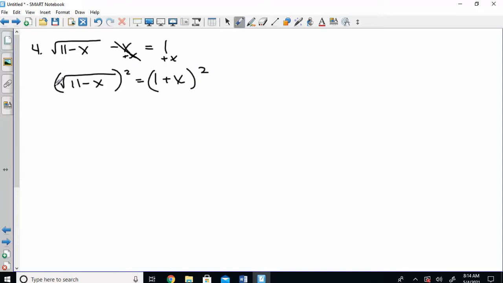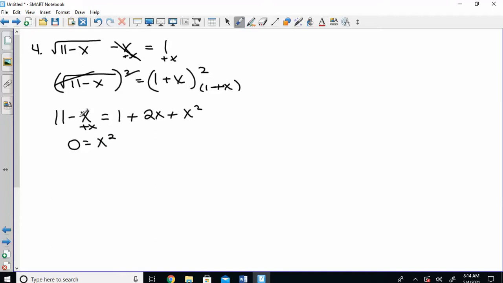Okay, on the left, the square root and the square drop. On the right, if you have 1 plus x squared, what do you have to do? FOIL. It means you have 2 of those. So you have 1 plus x and plus x, so that's plus 2x plus x squared. It's a quadratic, so we always set those equal to 0.